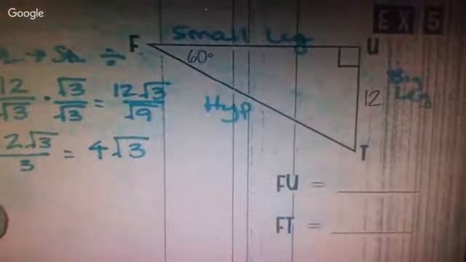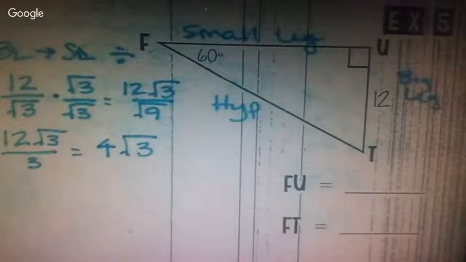So we get 12 square roots of 3 over the square root of 9, which we know is 12 square roots of 3 over 3, which is 4 square roots of 3.